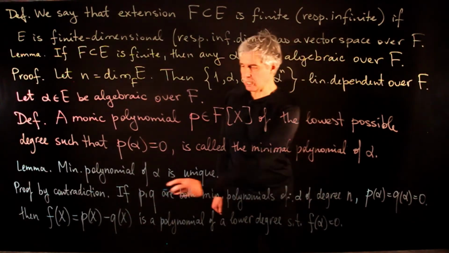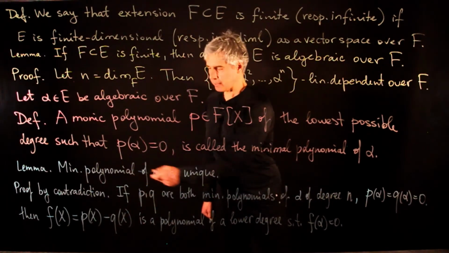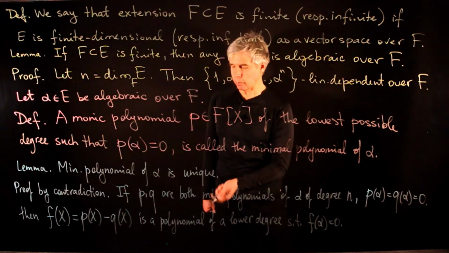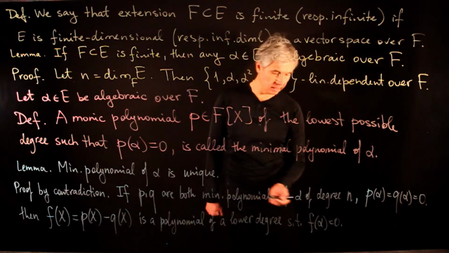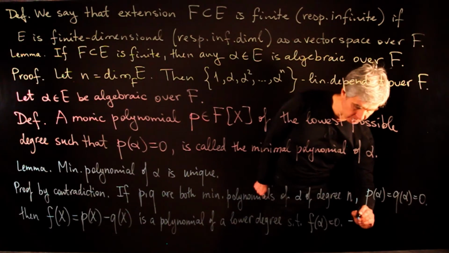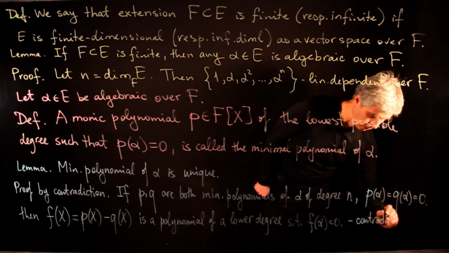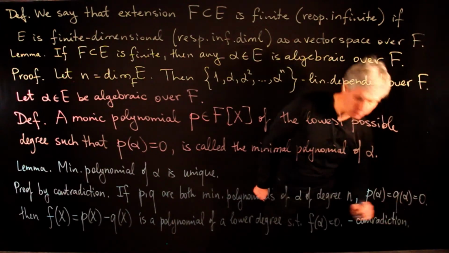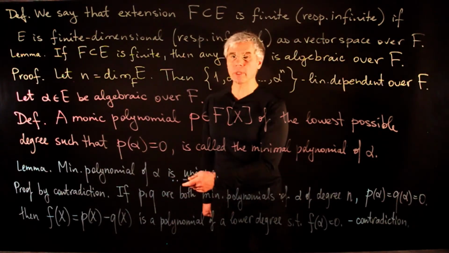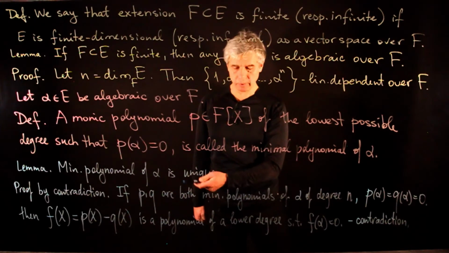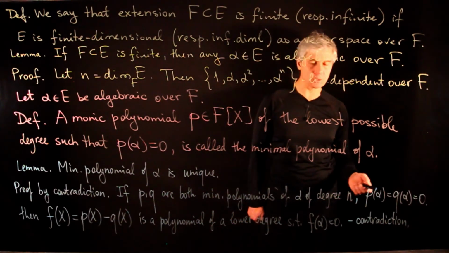If P is different from Q, then f is a non-zero polynomial, and we can normalize it to make it monic. And so this will give us a contradiction, because by definition, P and Q were polynomials of the lowest possible degree such that alpha is a root.